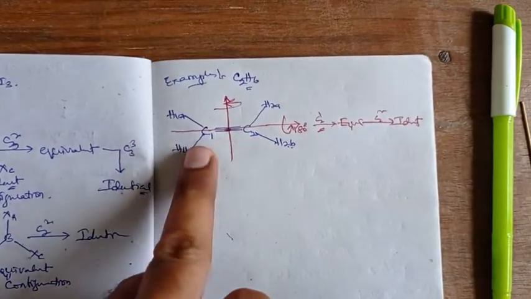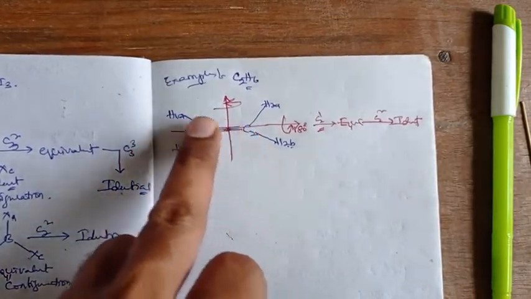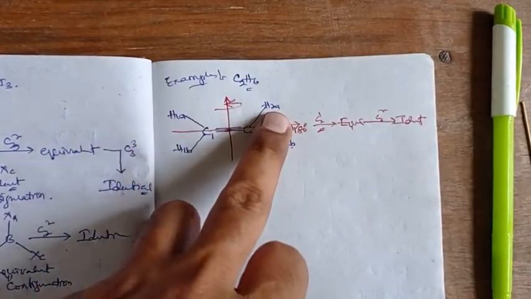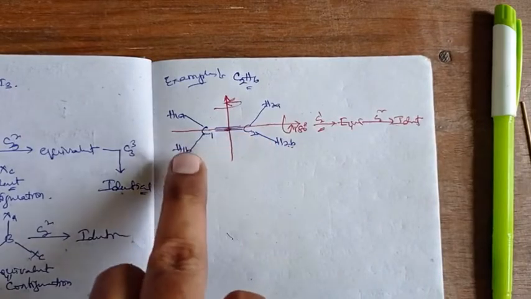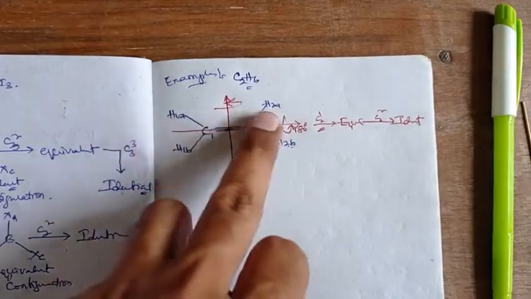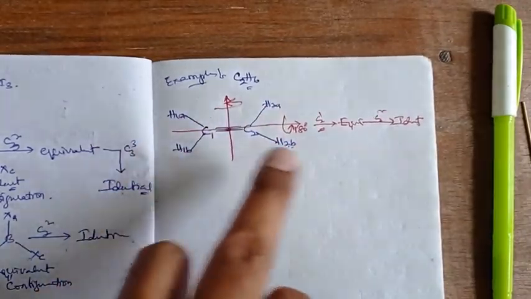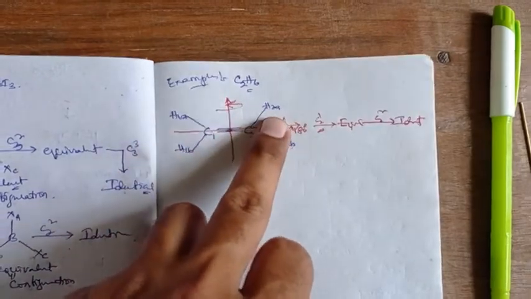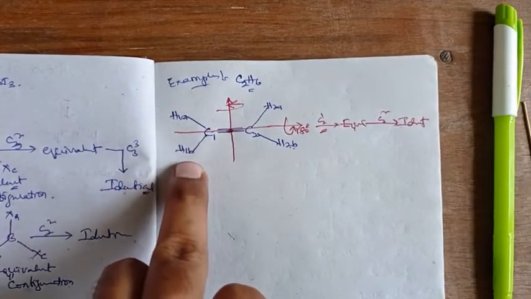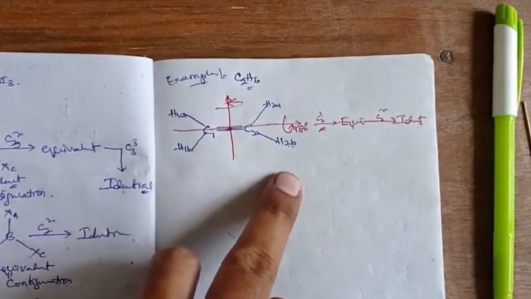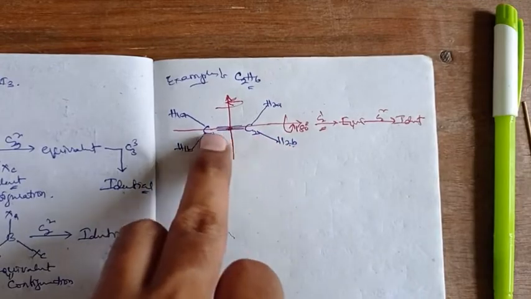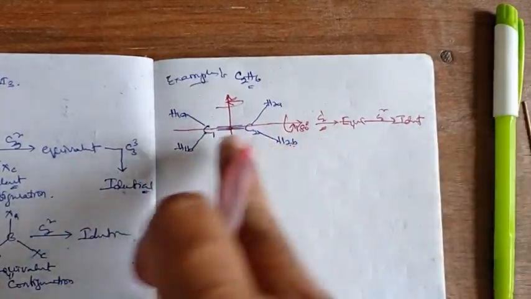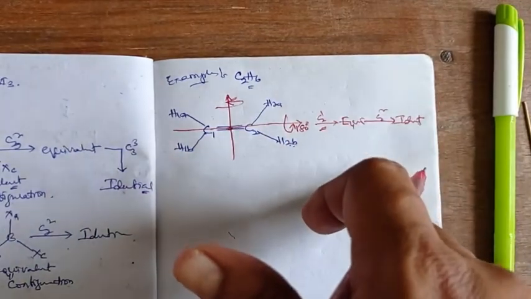The two carbons get replaced, H1A and H2A get replaced by each other, and H1B and H2B get replaced by each other, and the similar carbons C1 and C2 get replaced by each other, giving an equivalent configuration.